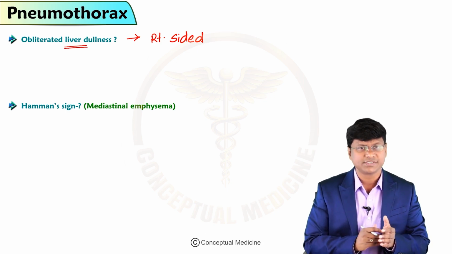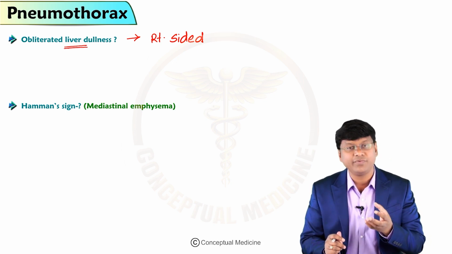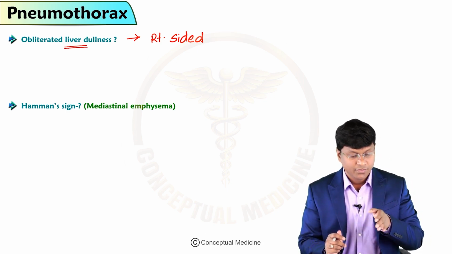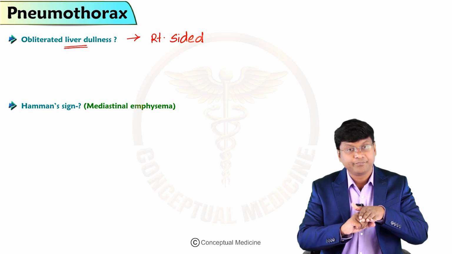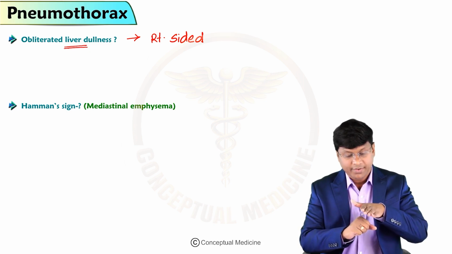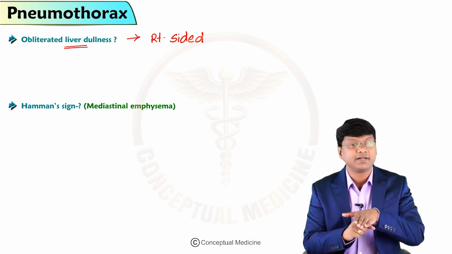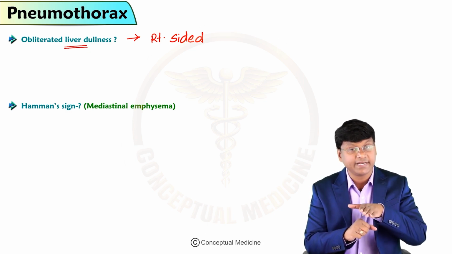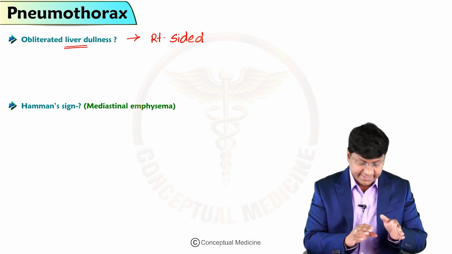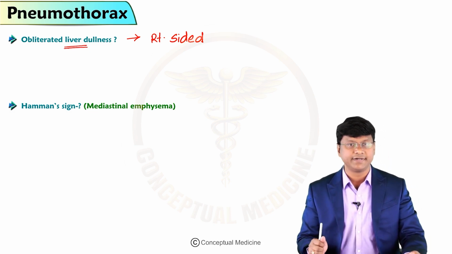Why? Because the air within the pleural space will overlap the liver border. Once the air in the pleural space overlaps the liver border or the liver edge, there will be obliteration of your liver dullness.